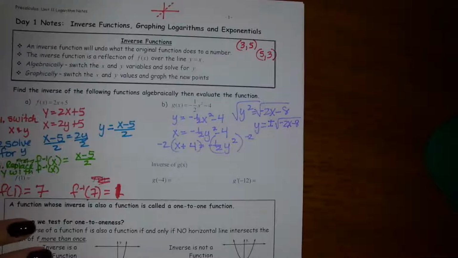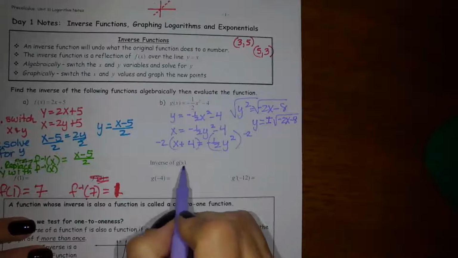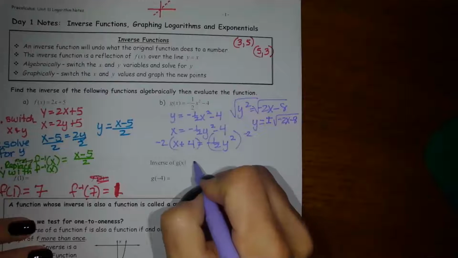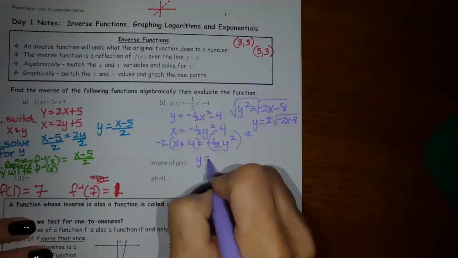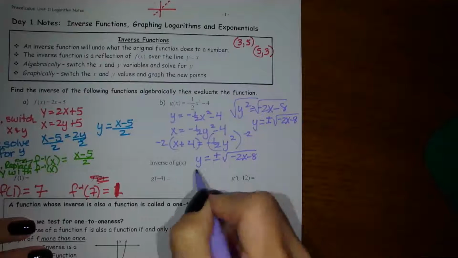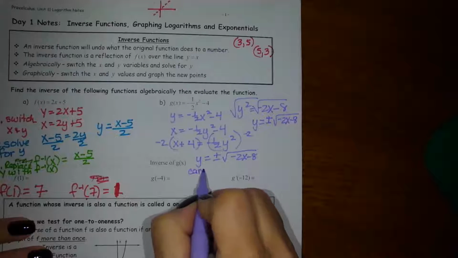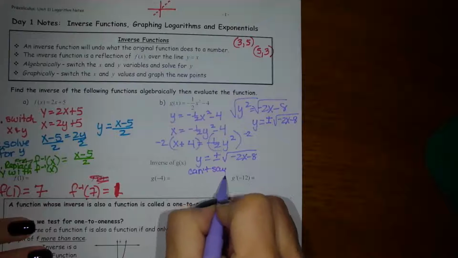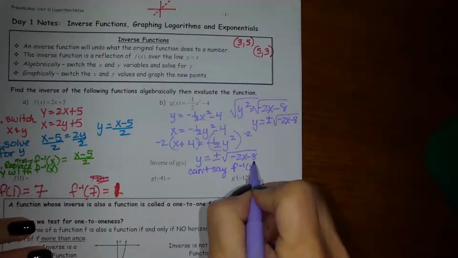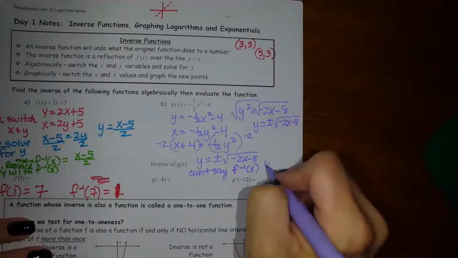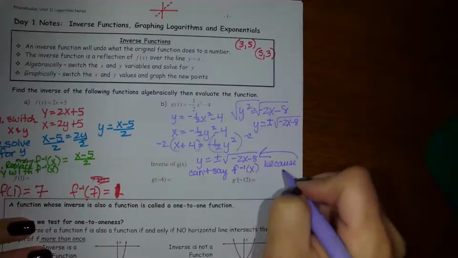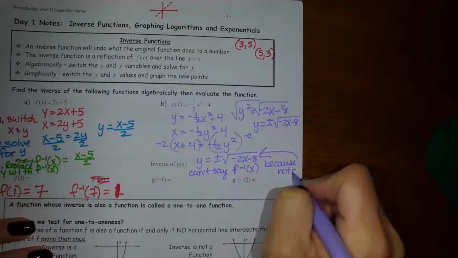right? So that's the inverse, but it's only an inverse. Let me write it like this. Okay, we can't say f of x, because this guy is not a function.